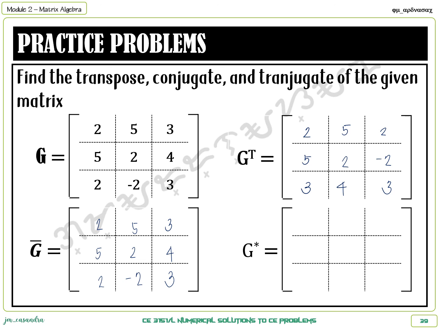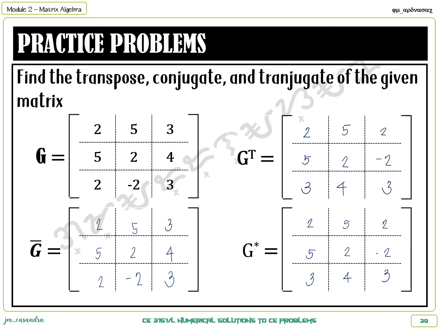So our tranjugate or transpose of the conjugate now is equal to 2, 5, 3, 5, 2, 4, 2, -2, and 3.